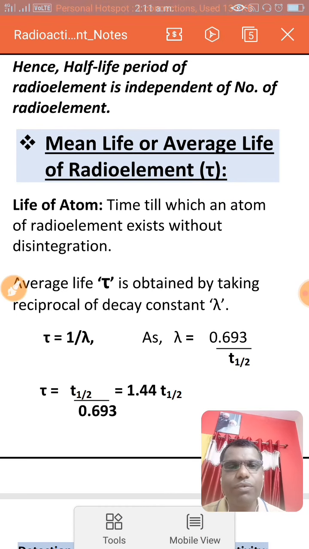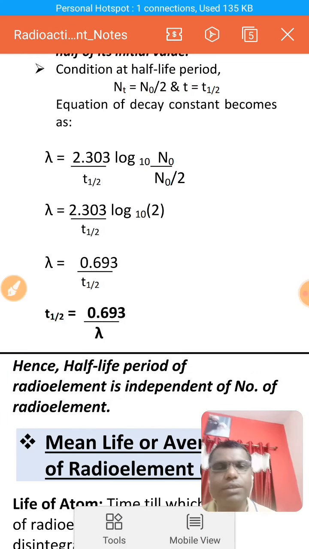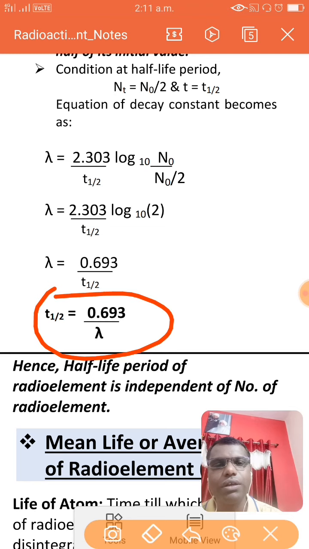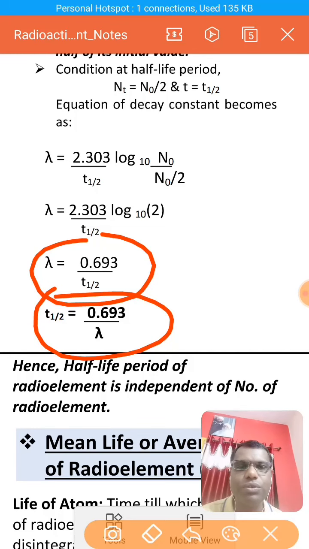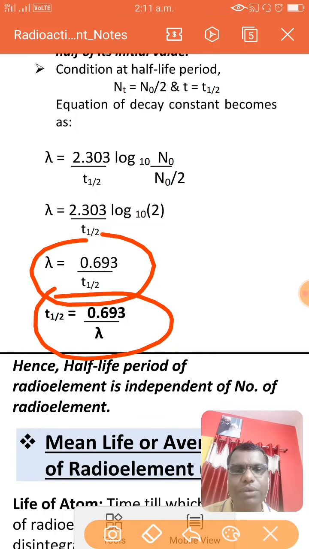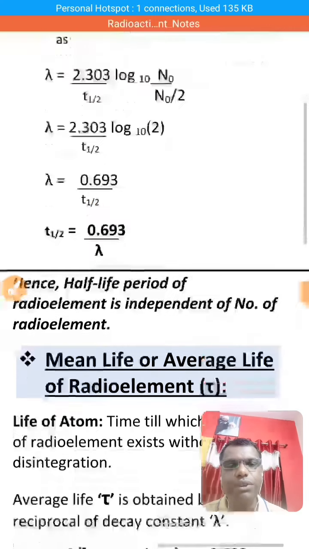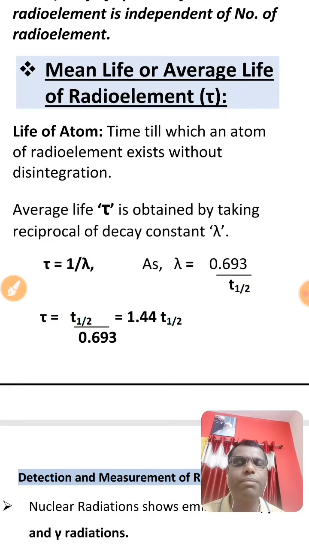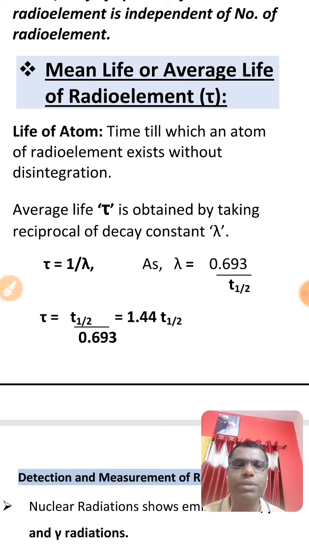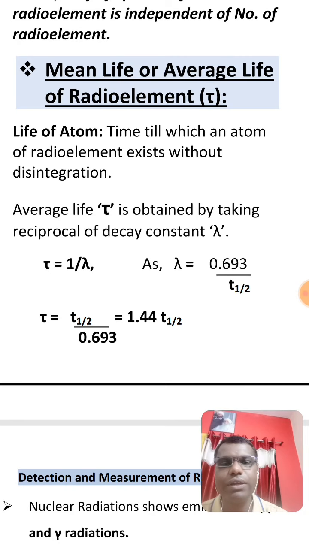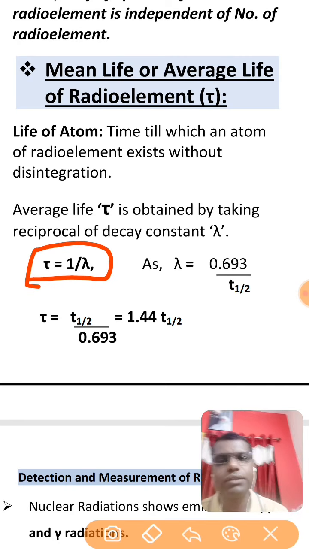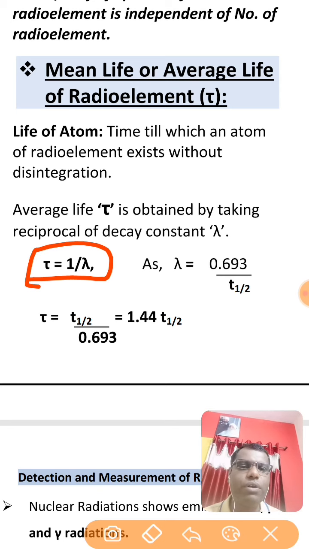Already we had the equation for the decay constant: lambda is equal to 0.693 upon t1/2. If we derive the equation for the mean life based on the same, we get tau equal to 1 upon lambda.